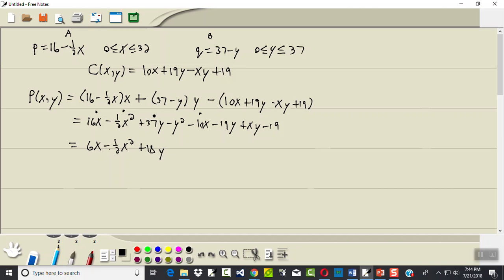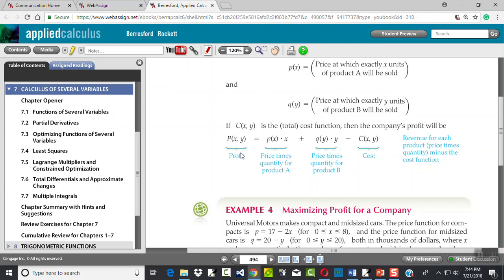Can't do basic subtraction. And then I got minus y squared, and then plus xy minus 19.